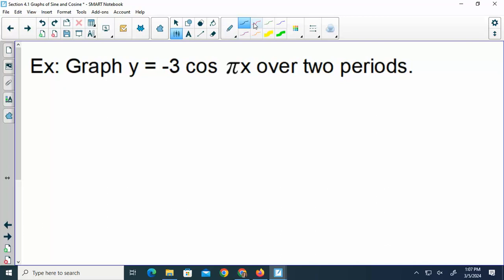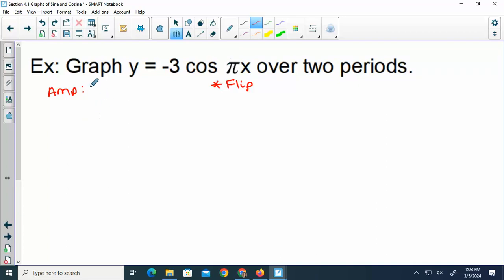So we have to make our list of information. I told you though, amplitude is always positive. So think about algebra. What does a negative do? It flips it. Okay, so I'm going to make a note to myself that this graph will be flipped. That's what the negative did. Can't we just put the negative on the pi then? No, we would actually do the other. We want our angle to always be positive.